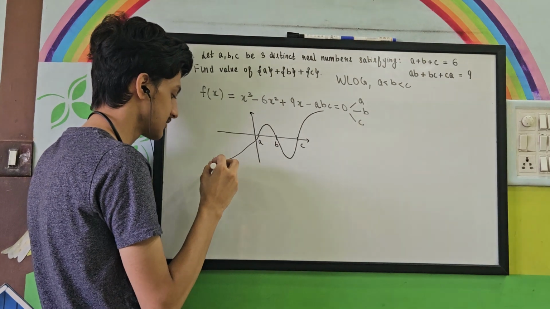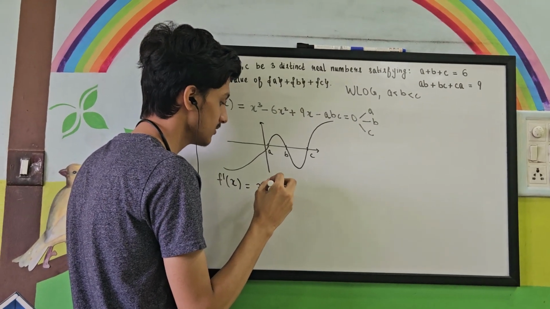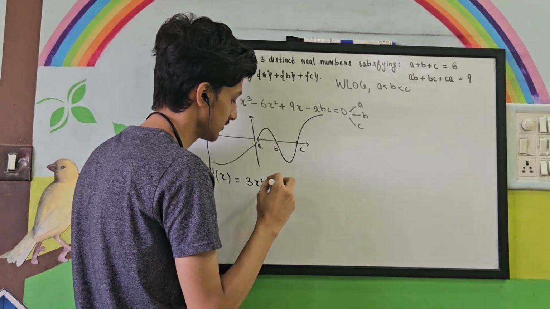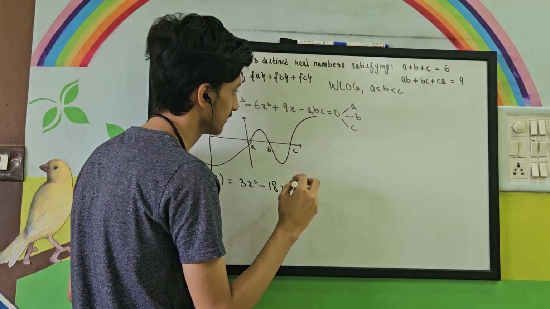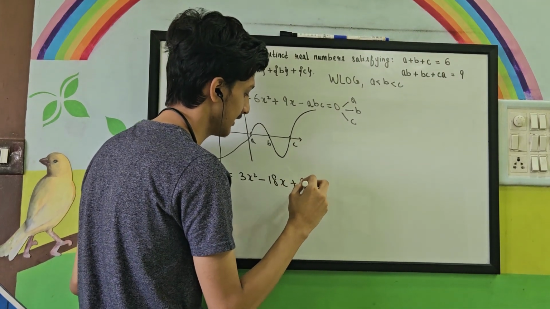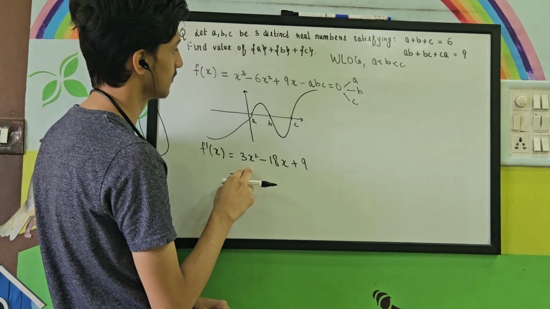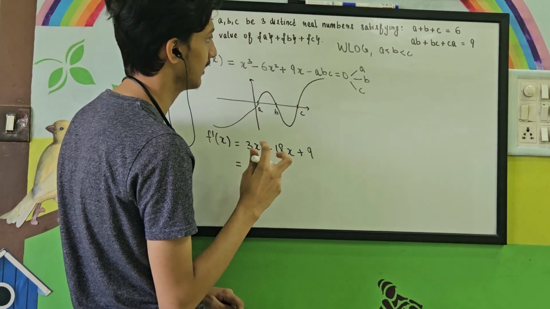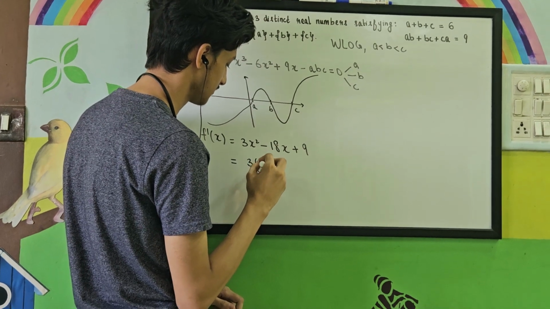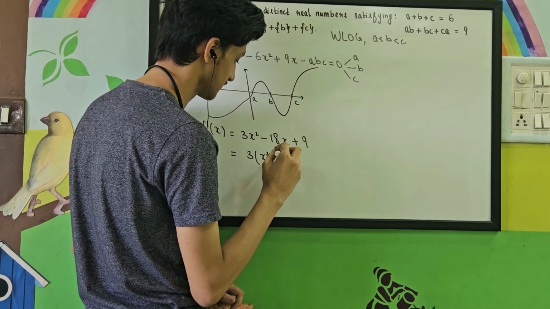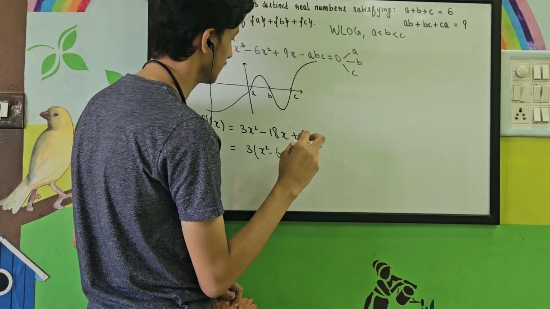F dash x will therefore be equal to 3x squared minus 18x plus 9. Correct? So that's why we will then obtain 3 times x squared minus 6x plus 3.